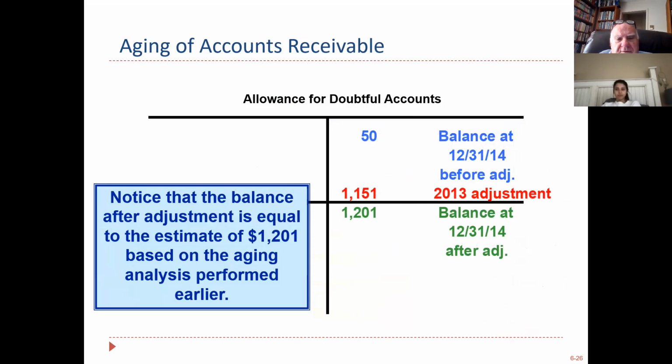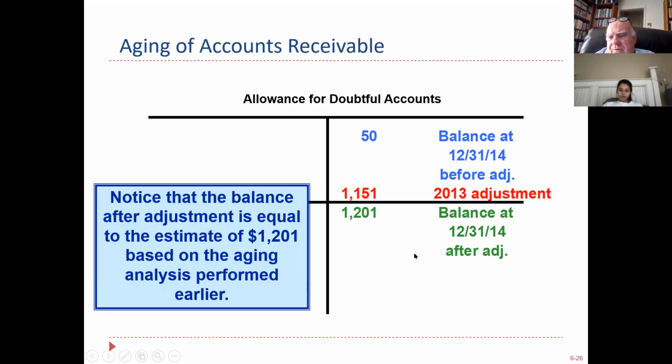Look at your allowance account. You can make this note perhaps. If you draw yourself a T account right now, make a note on the debit side: accounts receivable. In other words, anytime you debit the allowance account, the credit is automatically to accounts receivable. There's no exception to that. Anytime you credit the allowance, the debit goes to bad debt expense.